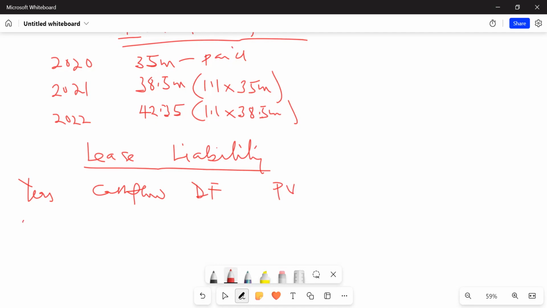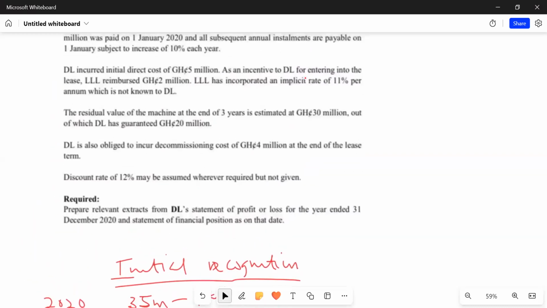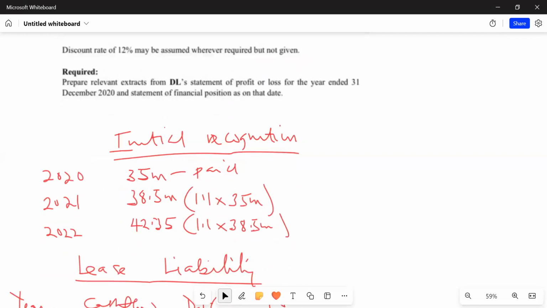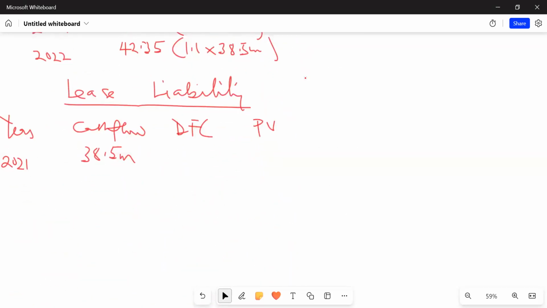So the first year will be 2021. The cash flow is what? 38.5 million. The discount factor is the interest rate implicit in the lease, which is 11%. So if the rate implicit in the lease is not available, we use the what? The borrowing rate of the lessee.